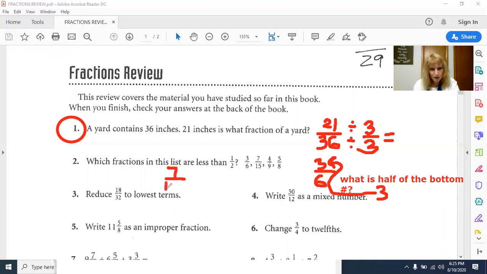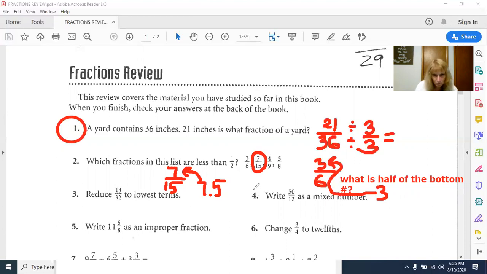What's exactly half of 15? 7.5 is exactly half. Compare the 7.5 to the numerator and decide, is 7 less than 7.5? If yes, then 7/15 is less than half. You would have to circle that one, because 7 is less than 7.5. So 7/15 is less than half.